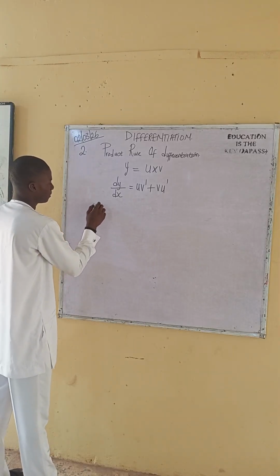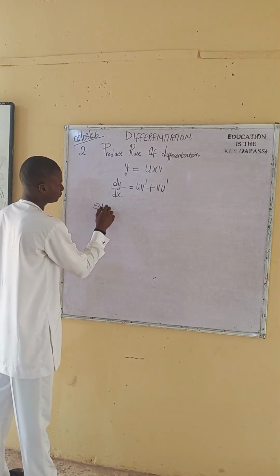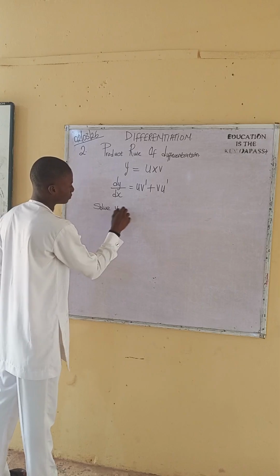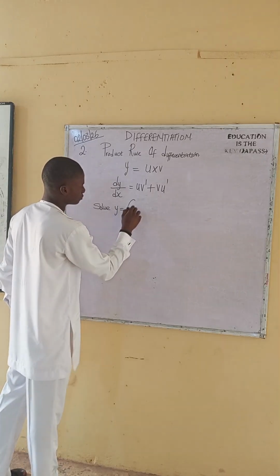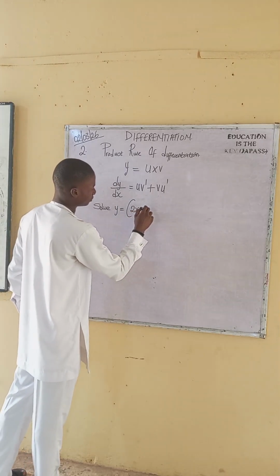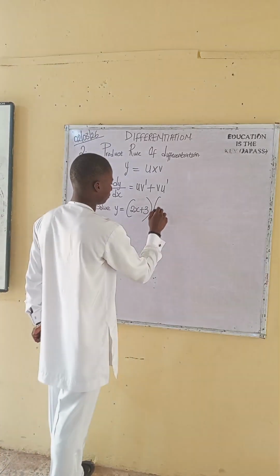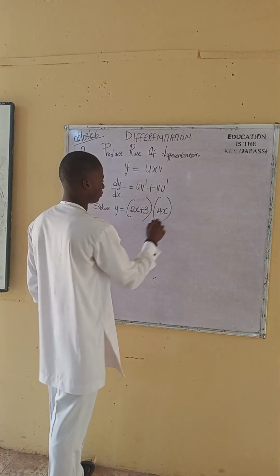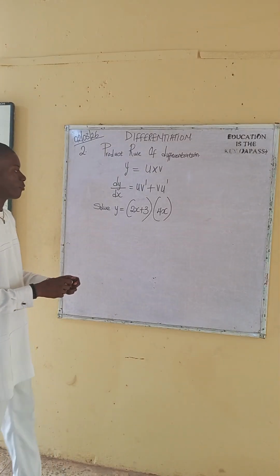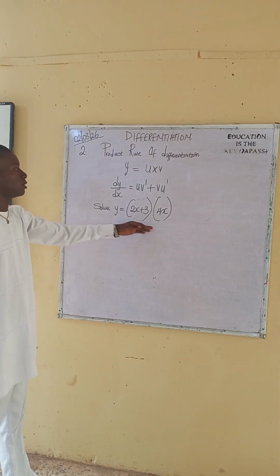Let's say solve for y equal to 2x plus 3, and, like I said, you have to do with two things.